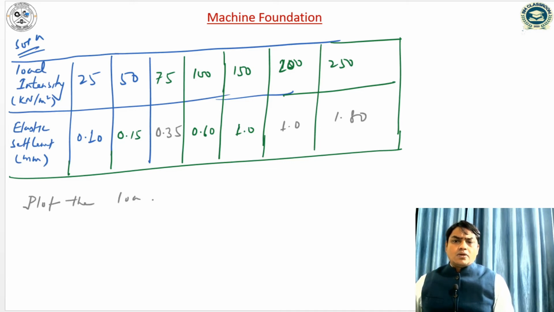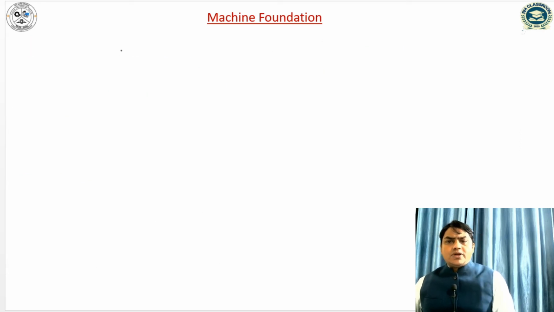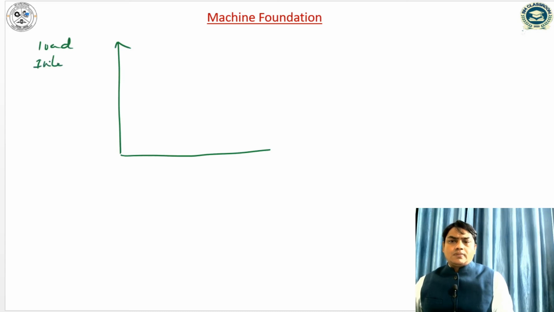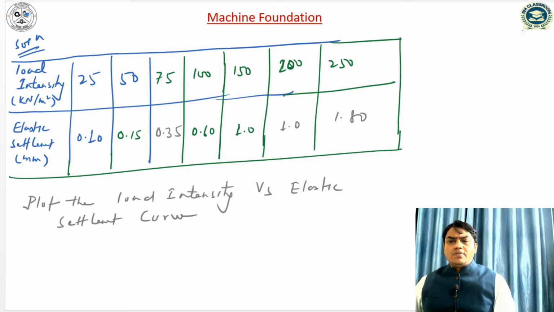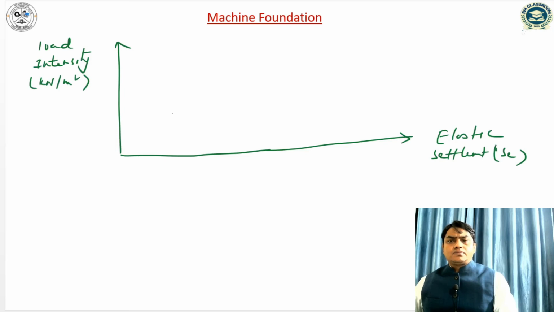So if I draw the plot, the load intensity versus elastic settlement curve, once the load is 25, the settlement is 0.1, so it will be like that.